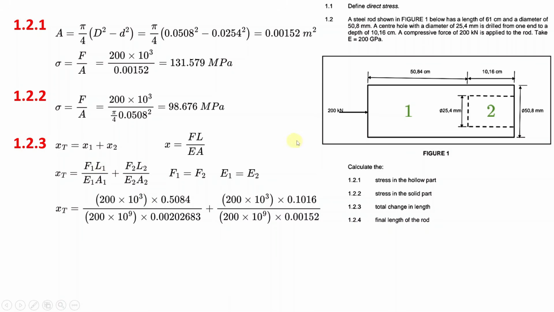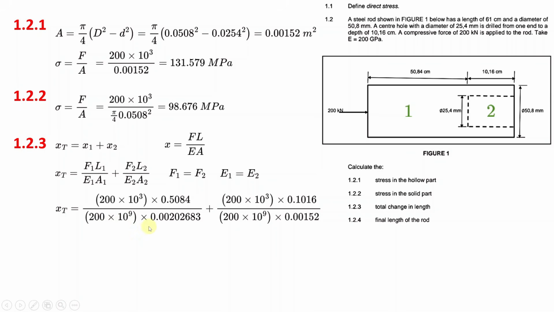L1 is the length of the first part of the object, which is 50.84 centimeters. You change that to meters, and this is what you get. Divided by E1. E1 is 200 gigapascals, the same as E2 because they are made of the same material. Giga is times 10 to the 9, so you multiply like that. This is what you get.